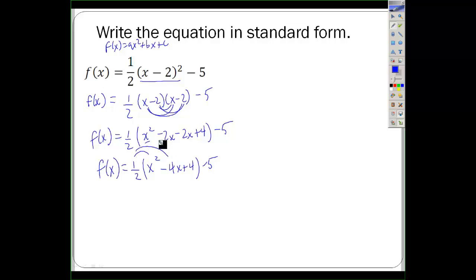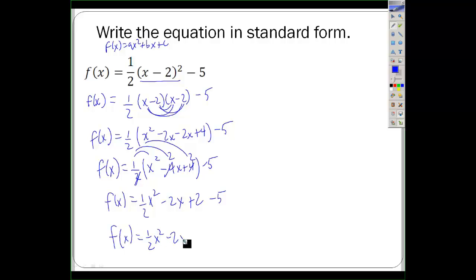And finally, when I distribute this 1/2, I have f of x equals 1/2 x squared. Make sure your x squared is in the numerator, minus 2x plus 2 minus 5. Okay, so f of x equals 1/2 x squared minus 2x minus 3.